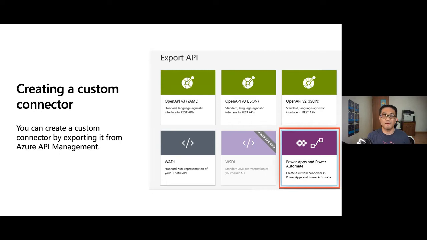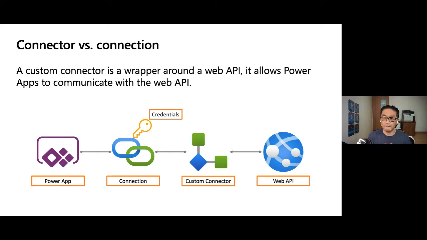As long as you have the Power Apps license, you can export that custom connector to your Power Apps environment directly from the API Management. After exporting, you can see that custom connector created in your Power Apps Studio. There is one interesting concept. Can you proceed to the next slide?